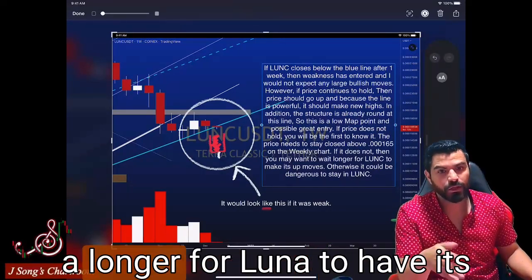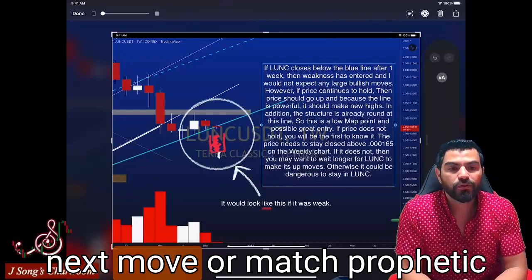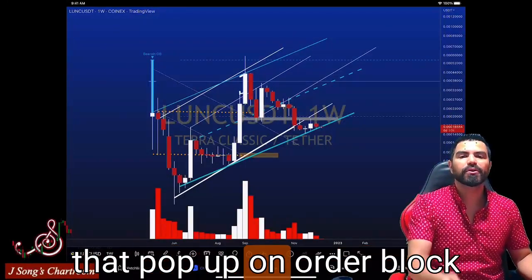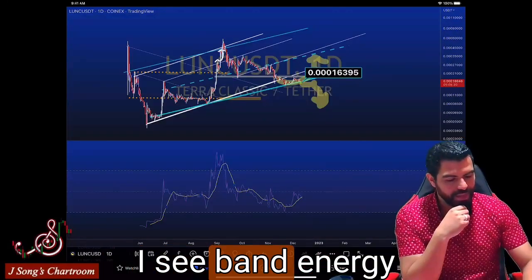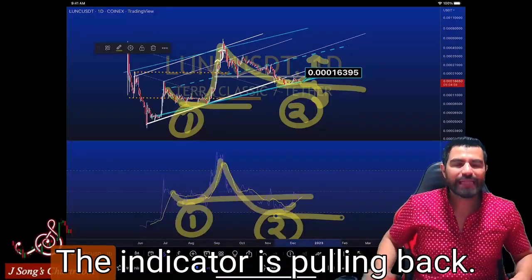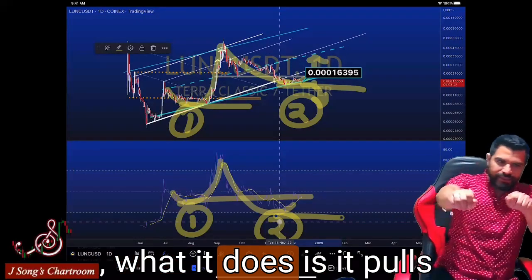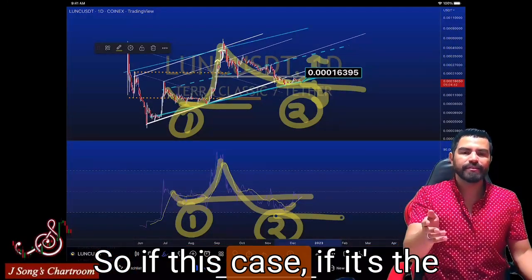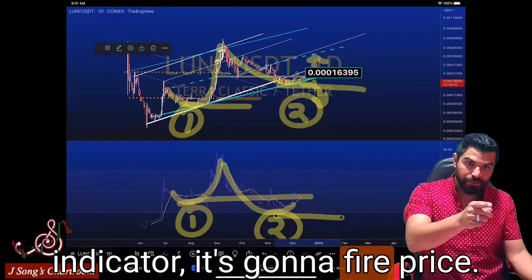So you're probably going to have to wait longer for Luna to have its next move or match prophetic numbers or anything else. There's not many signals that pop up on order block for the weekly chart. I see band energy coming in on this crypto. The indicator is pulling back. What it does is it pulls back like a rubber band and fires the other one. So in this case, if it's the indicator, it's going to fire price.